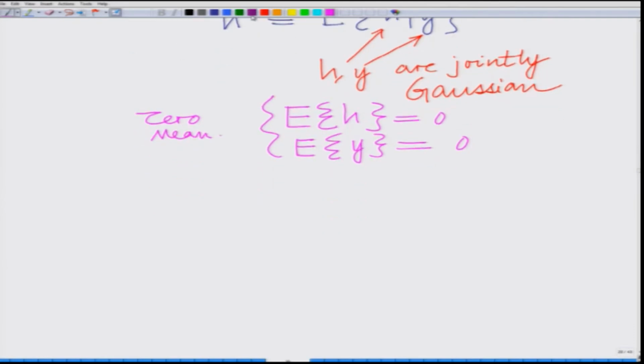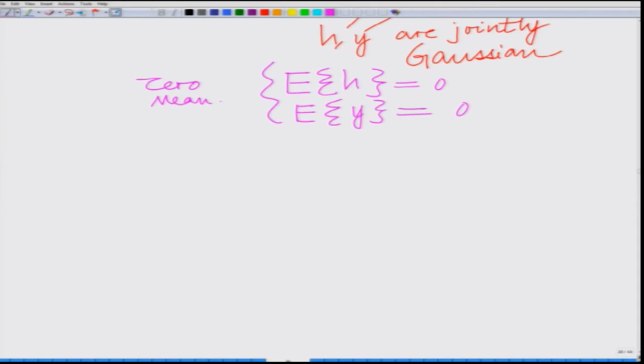Okay. Now, let us consider a scenario where these are non-zero mean. Let us now consider the non-zero mean scenario.